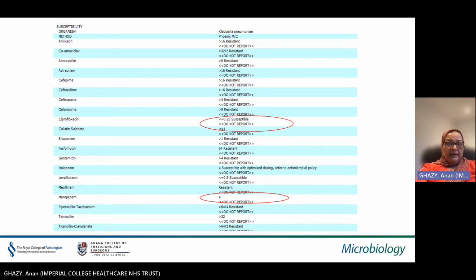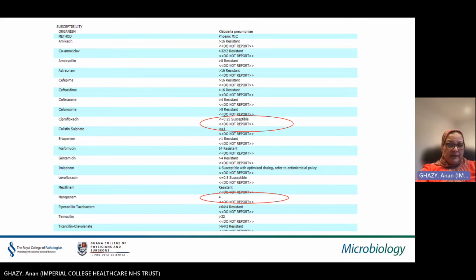The sensitivity of the Klebsiella pneumoniae was even worse, so it was resistant to everything except the following: ciprofloxacin and meropenem. The patient continued to be at intensive care.